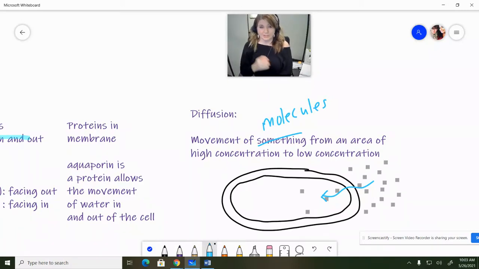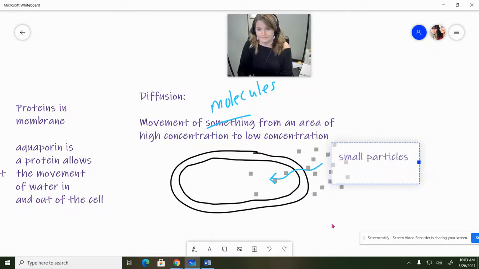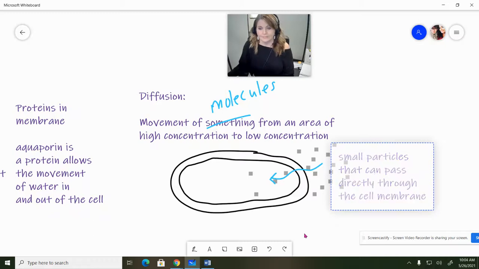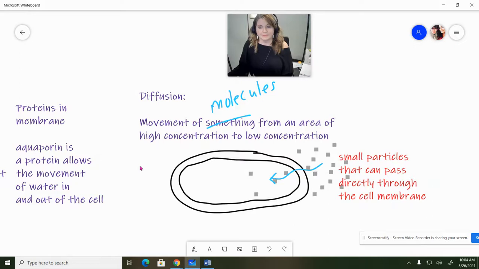So these are typically fairly small things because they go directly through the cell membrane. They're able to pass directly through the cell membrane in diffusion. Okay, so these are small things that can pass directly through the cell membrane. This does not require the addition of energy. We don't need to add energy.